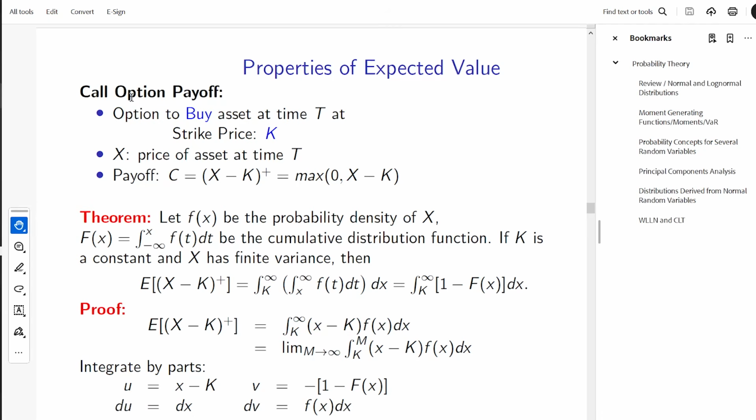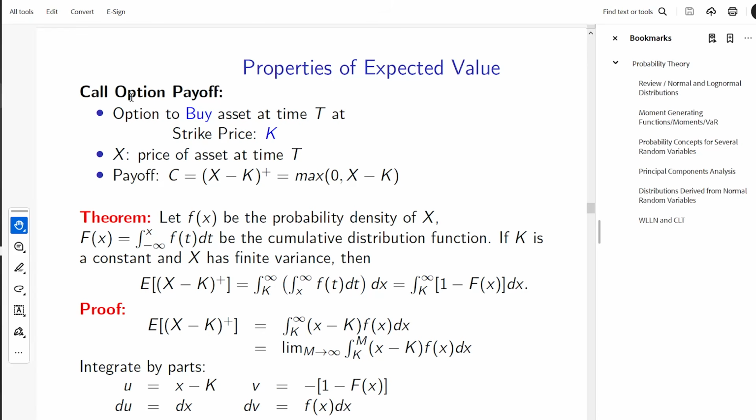Now, what's interesting to know is this theorem here says that if we have a density function little f with CDF capital F for the outcome at time capital T, then the expected value of this payoff is equal to this integral from the strike to infinity of 1 minus F of x.